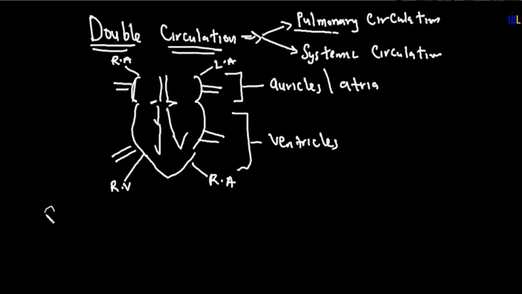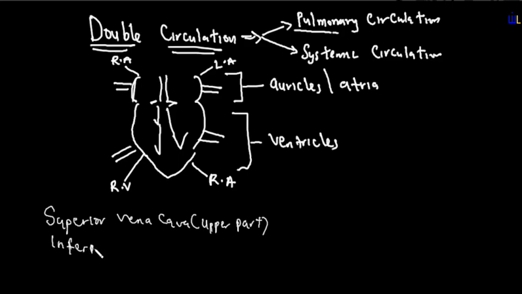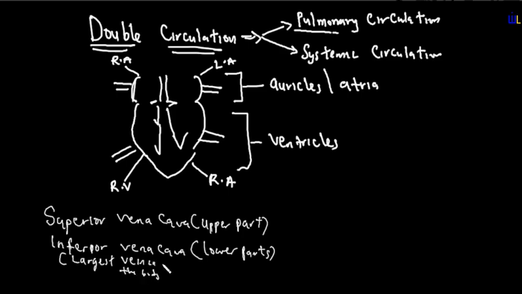Those blood vessels are your superior vena cava, which carries blood from the upper part of the body, and then you have your inferior vena cava, which carries blood from the lower parts of the body. We also mentioned that the inferior vena cava is the largest vein in the body. Okay, are you guys still with me?